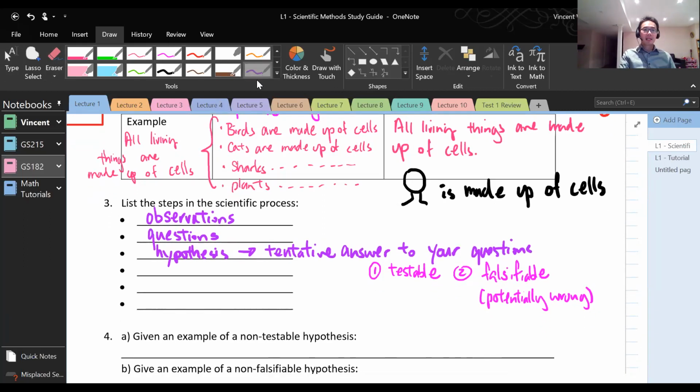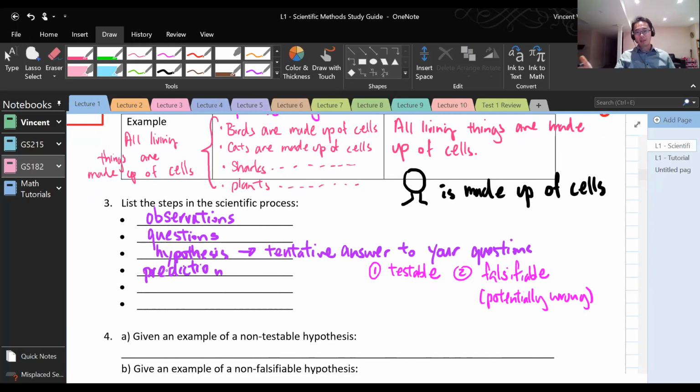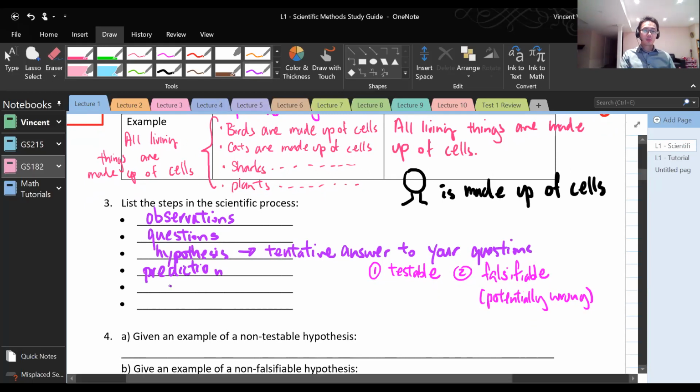Then you're going to make a prediction: if my hypothesis is correct, then it should be this; if it's not correct, then it should be that. And from that, you will do an experiment, and then to see if your experiment agrees with your hypothesis or not, you can conclude.